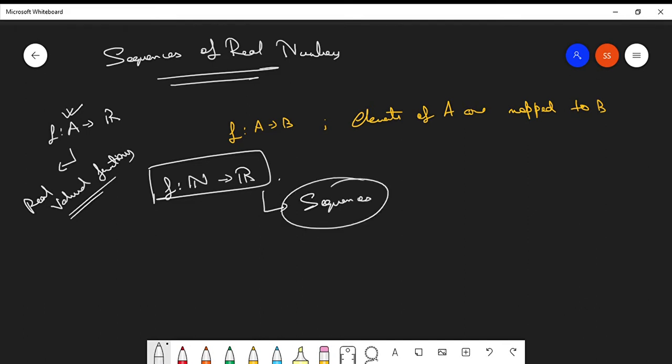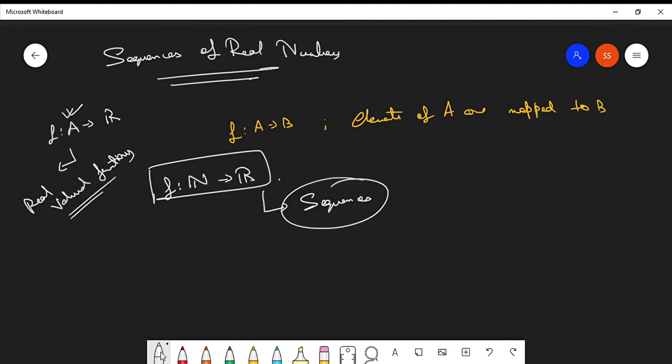What does a sequence basically mean? If you arrange the images of this function sequentially, since the domain is the natural numbers, the domain values move as 1, 2, 3, and so on. So the image of 1 is placed first, then the image of 2, then of 3, and so on. This sequential arrangement is called a sequence.